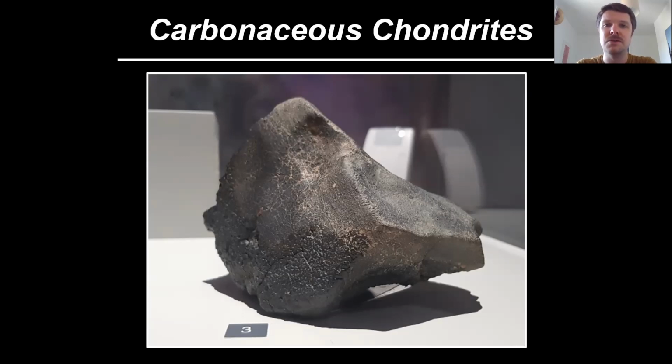So what's really interesting, though, is that these hydrated, water-rich meteorites and these water-rich asteroids that formed in the outer parts of the solar system are potentially a way of bringing water to the inner solar system. So we know, for example, that the Earth has liquid water on it, that there's good evidence for there having been liquid water on the surface of Mars.